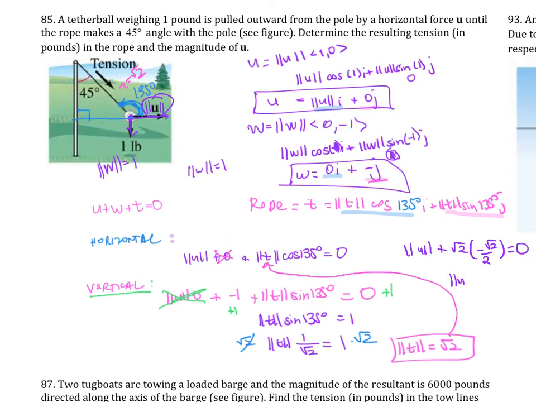So the magnitude of U plus root 2 times root 2 over 2, that's going to be -1, equals 0. Or the magnitude of U is 1. So we solved for it. We found the resulting tension in the rope is root 2, and the magnitude of U is 1.